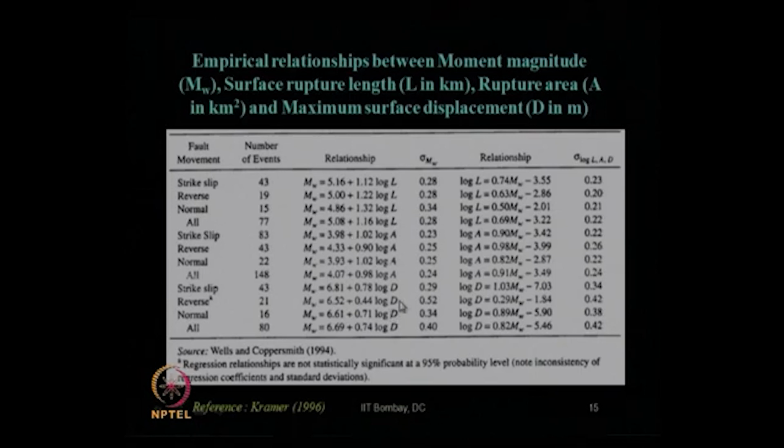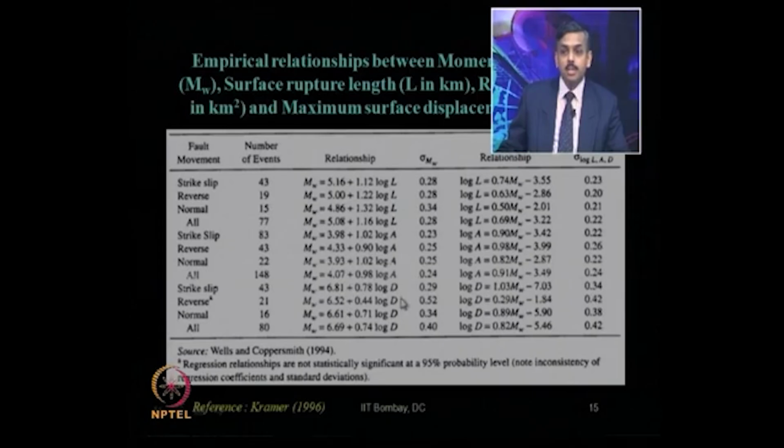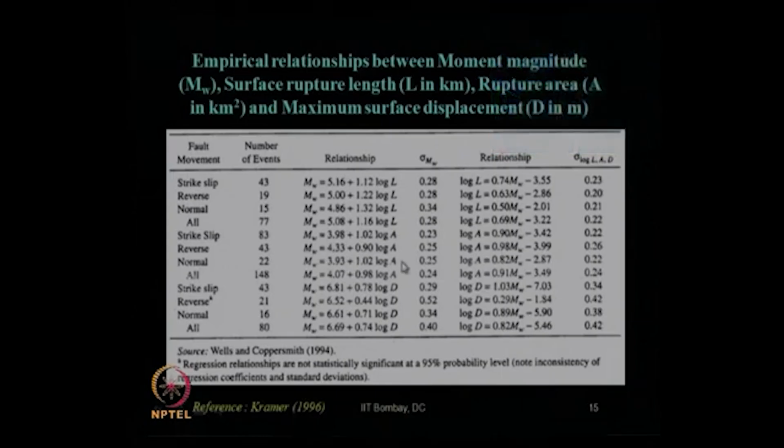Now, if we want to see the next better semi empirical relationship proposed by Wells and Coppersmith, that is with respect to the rupture length, L. Suppose at some fault you do not have the information about rupture area, you know only the surface rupture fault length. You can use that length to compute the MW if you are sure about what type of fault movement, otherwise use the all fault equation, which can be used for estimation of MW.